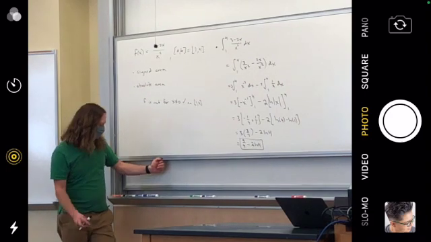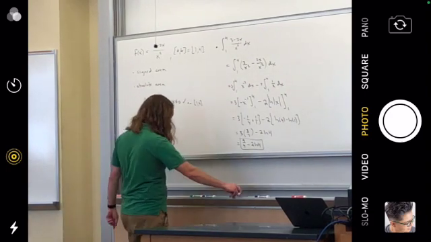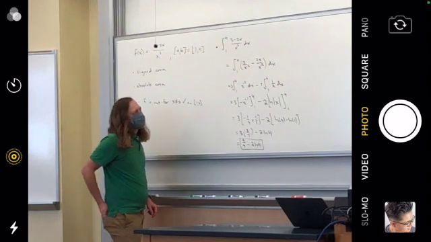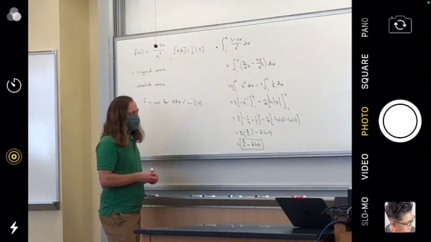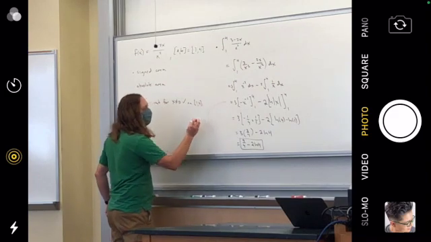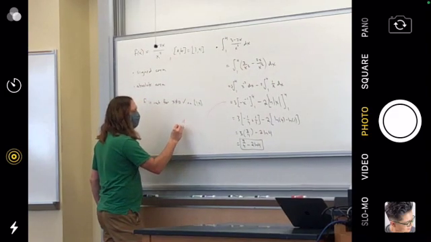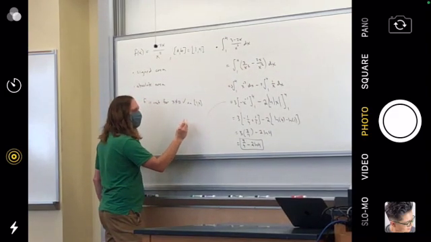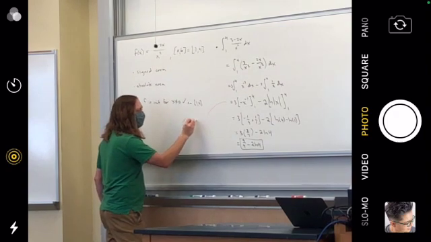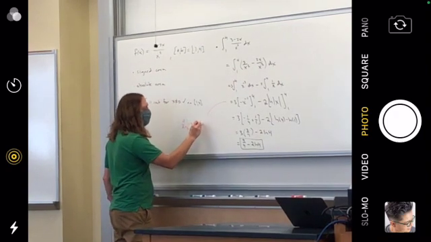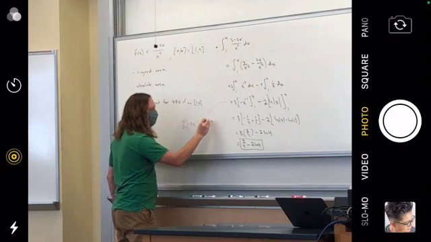What could I have done to make sure I didn't make a mistake? In this step, I could have said, what is the derivative of negative 3x to the negative 1 minus 2 natural log of x? Right?